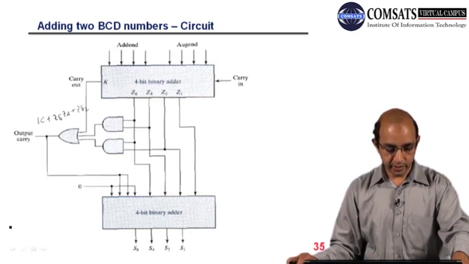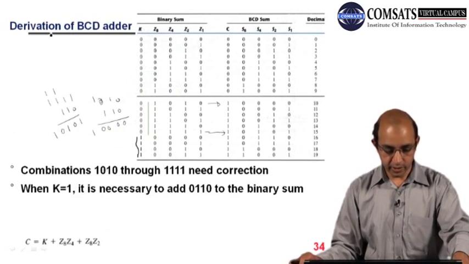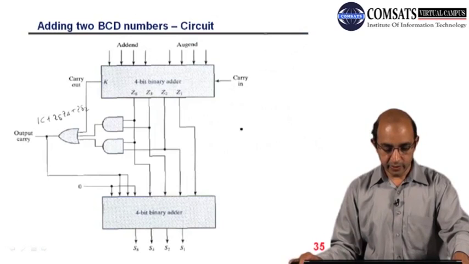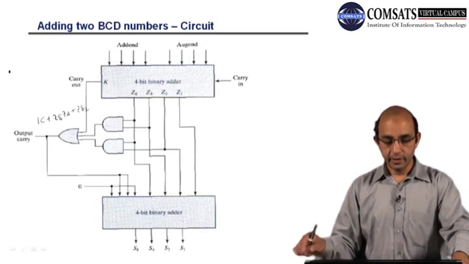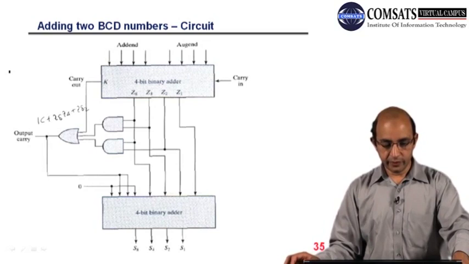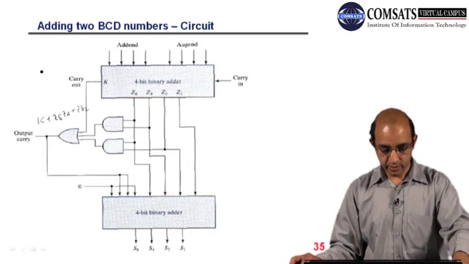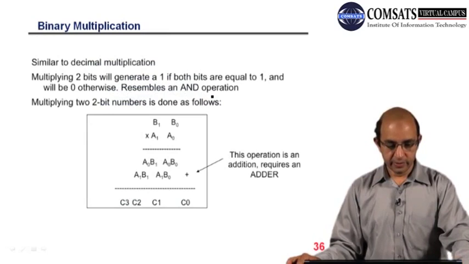This is the output carry, C0, and this is the equivalent sum. So we will be having the equivalent sum and the carry. This is the conversion circuitry for the addition of two BCD numbers. So let's talk about binary multiplication.